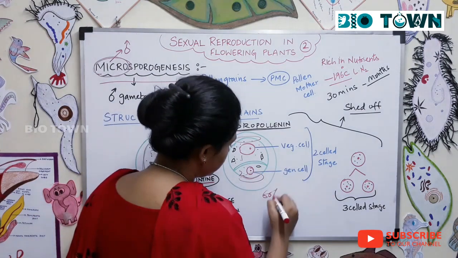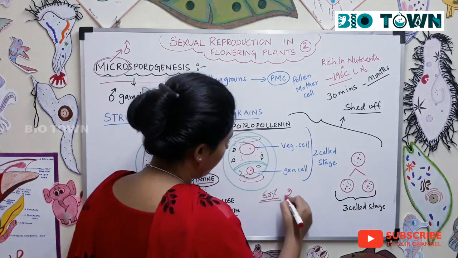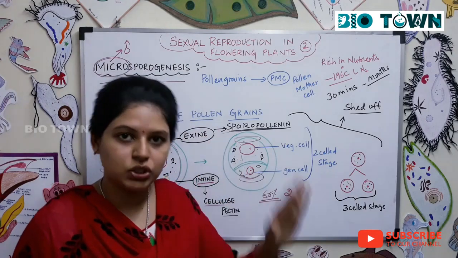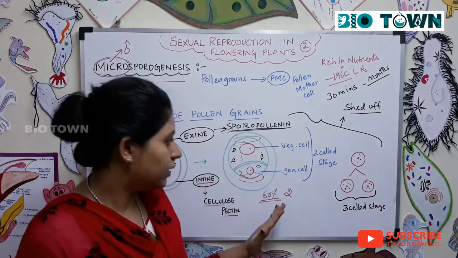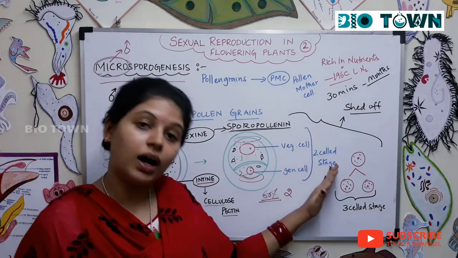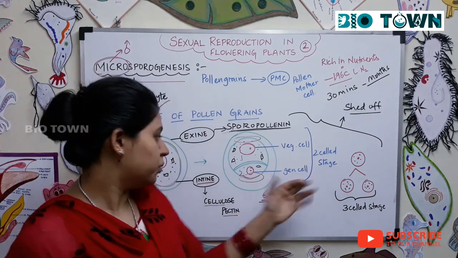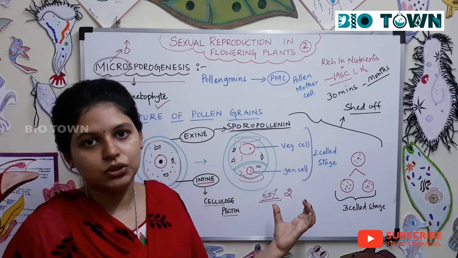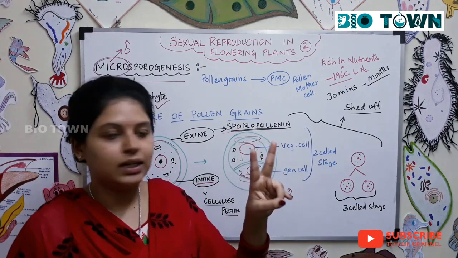60% of angiosperms are always in a two-cell stage before the pollen is shed off. But in the other 40% of angiosperms, the generative cell again undergoes mitotic cell division and forms two generative cells.